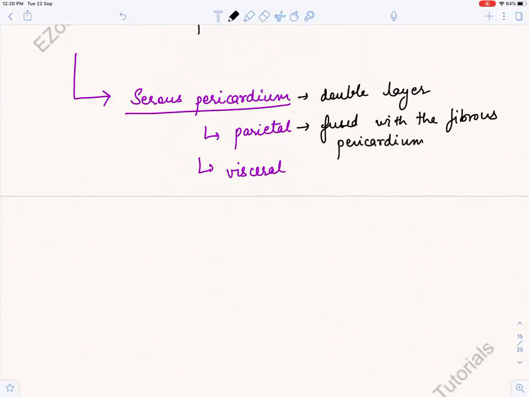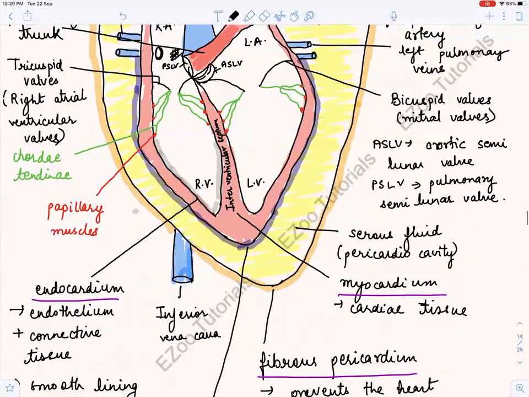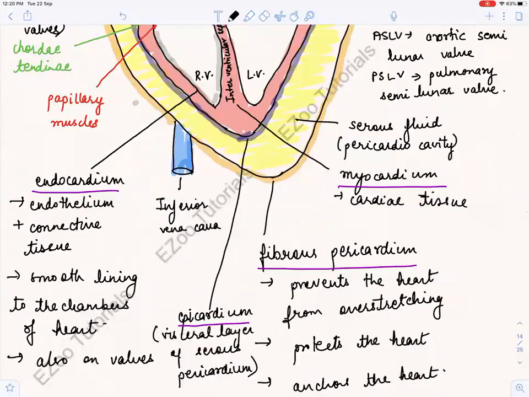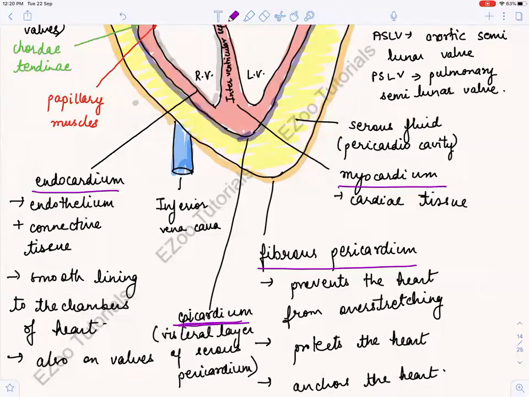And visceral, related to organs, this visceral layer is inner, and it is also known as the epicardium. We wrote it, no, visceral layer. See, epicardium. Can you see this? Epicardium, the visceral layer of the serous pericardium, right?